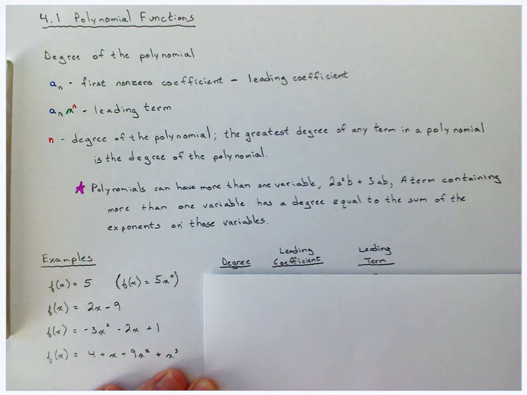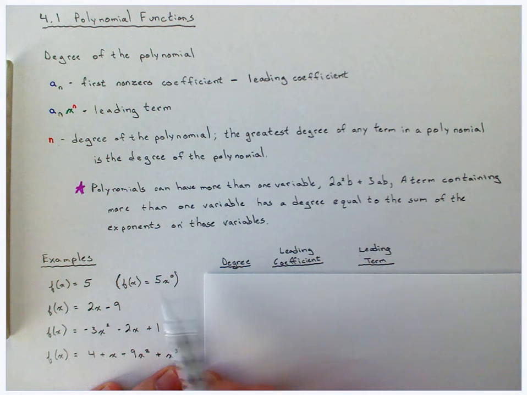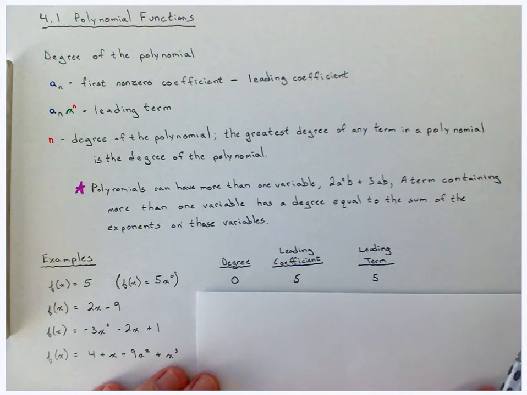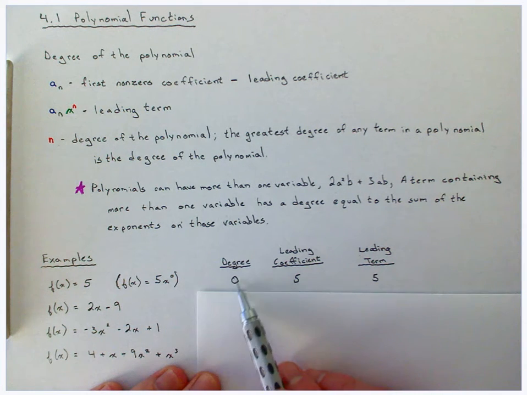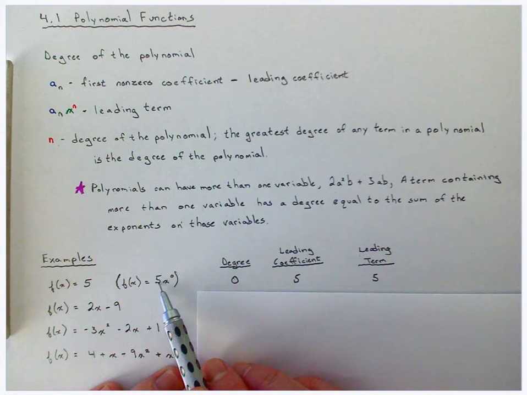So that's 5 times 1, which is simply 5. The degree of this polynomial, well, I look at my exponential power, 0. The degree is 0. My leading coefficient is simply 5, and my leading term is simply 5. So my degree was 0, leading coefficient 5, leading term 5.